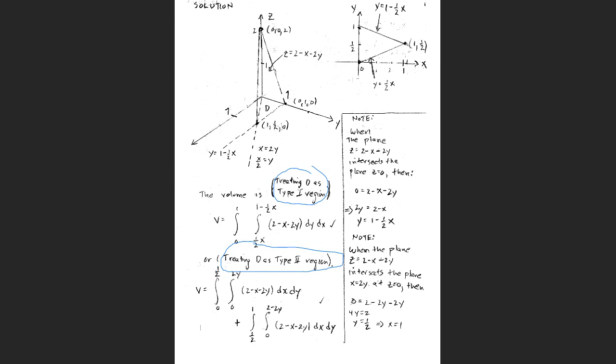I think it's obvious, but if you could, well, it's cleaner and would it be less work? Definitely. So in these problems, you always have to be careful in how you do your integration. All right, so we're going to treat region D as a type 1 region.